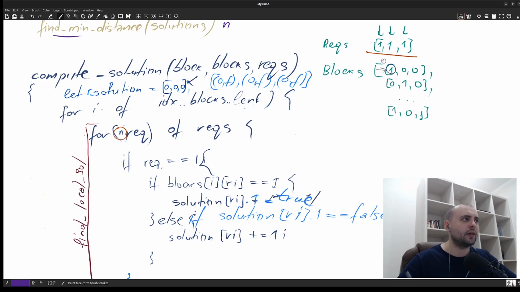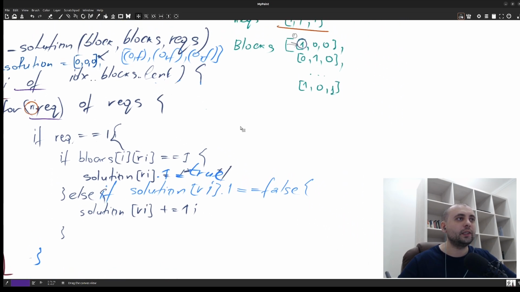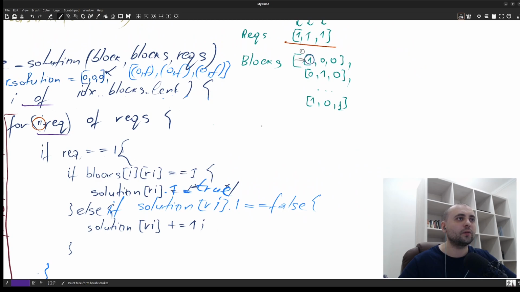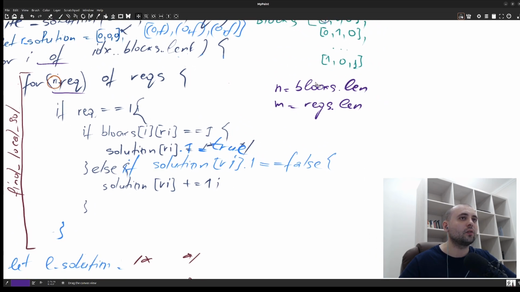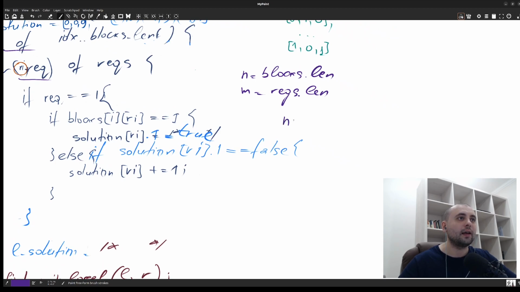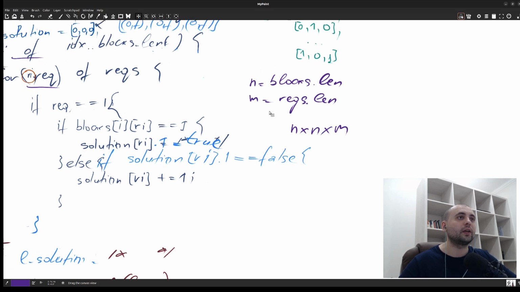So here what do we have? We have another for loop, and another for loop inside for the requirements part. So if we call n the number of blocks, dot len, and m the number of requirements, then the big O of the time complexity of our algorithm will be something like n multiplied by n multiplied by m, because we have 3 for loops.